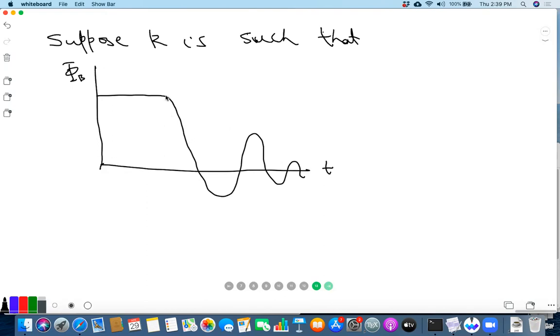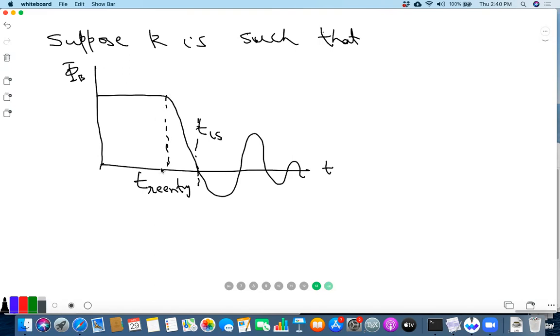This is T re-entry and this is TLS. Again, TLS is not changing, it's fixed. But as you vary K, the re-entry time is changing.